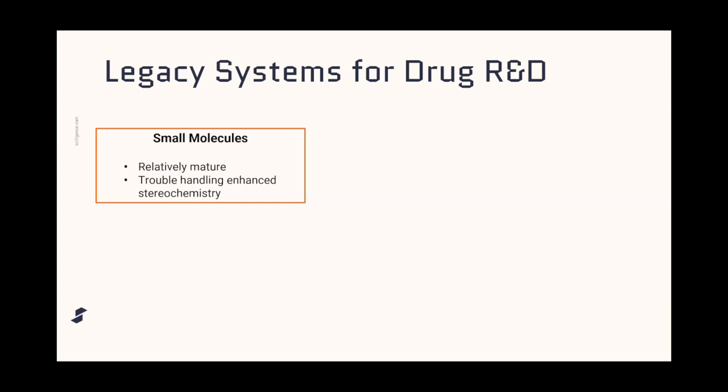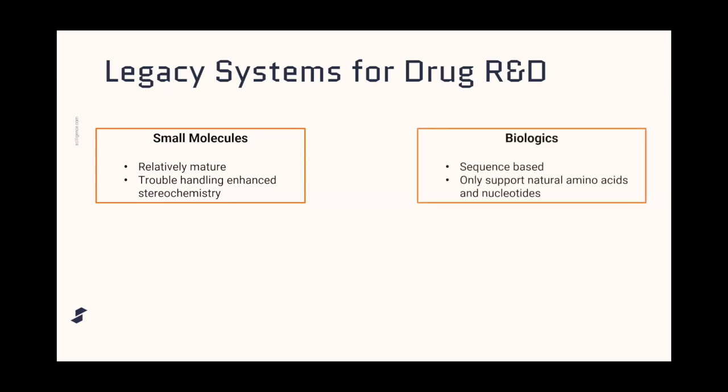As small molecules get more advanced, and as you strive to increase specificity over a kinase, for example, or minimize toxicity effects, you start to introduce often multiple stereocenters in a small molecule. And this presents a challenge for any software to try to handle this enhanced stereochemistry. On the other end, we have biologics-focused software.